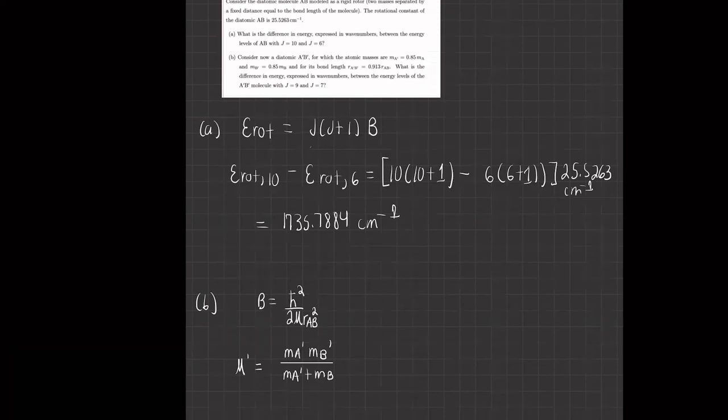Now, if we plug in what happened in the problem, we would find that this is equal to 0.85 times MA times 0.85 times MB, and this is all over 0.85 times MA plus 0.85 times MB.